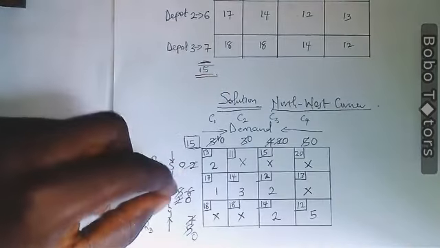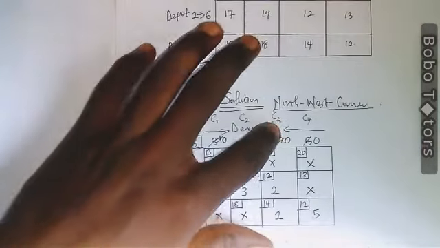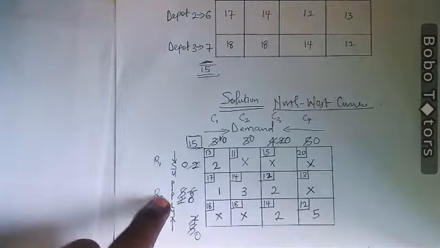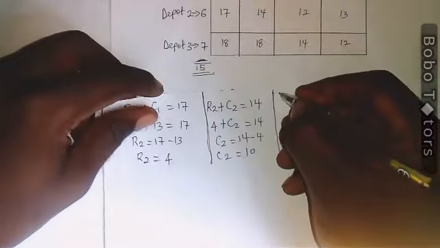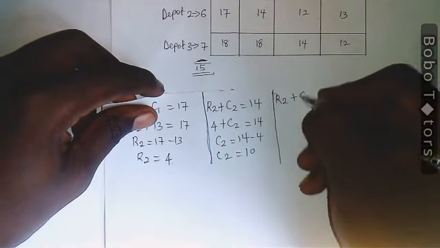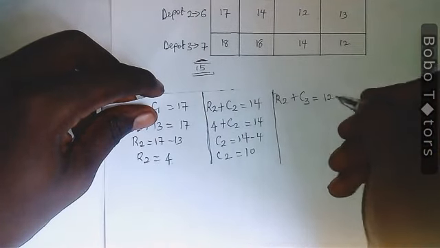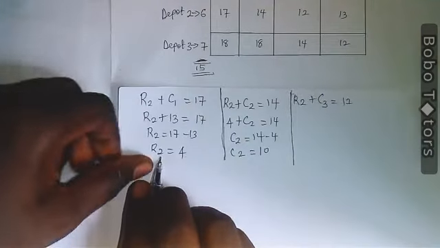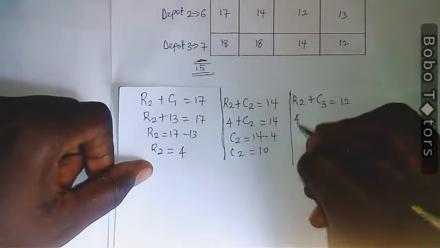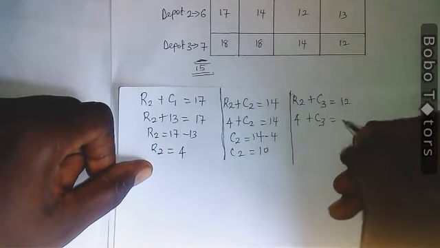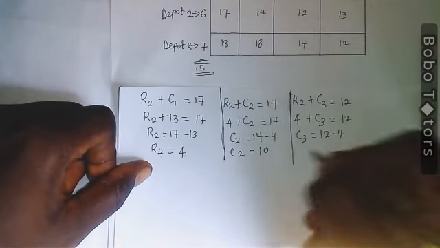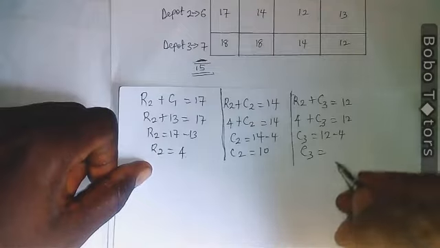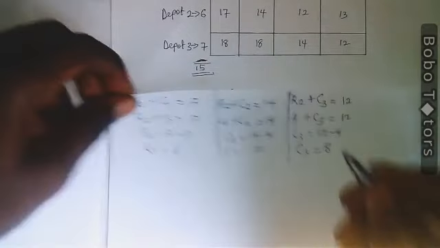My row 2, as I've solved here, is 4, plus column 2. I don't know column 2, so you say column 2 is equal to 14 minus 4. Column 2 is equal to 10. Next, I have row 2 column 3, which is equal to 12. So row 2 plus column 3 is equal to 12. My row 2 is 4, so column 3 is equal to 12 minus 4. Column 3 is equal to 8.